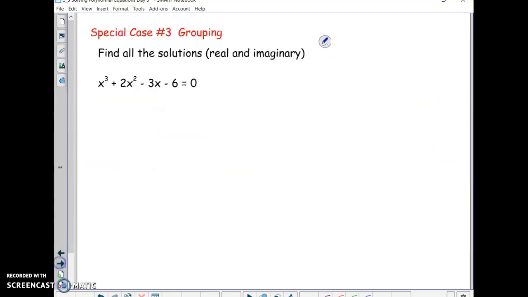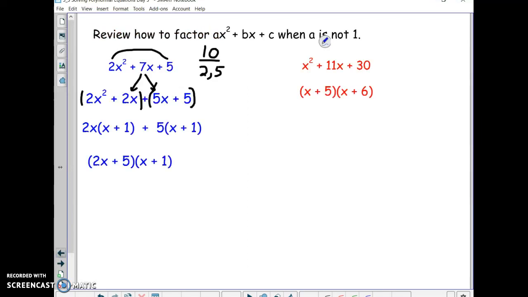I'm going to call this the grouping case because we're actually going to factor by grouping, which is something we've already done before. All right, so back when we factored a trinomial, like the thing that's shown in blue here, back when we factored that, we started by multiplying 2 times 5 to get 10. This is that long factor method because we have the 2 in front that cannot be taken out with a GCF. So we did 5 times 2 to get 10, and then found the two numbers that added to 7.